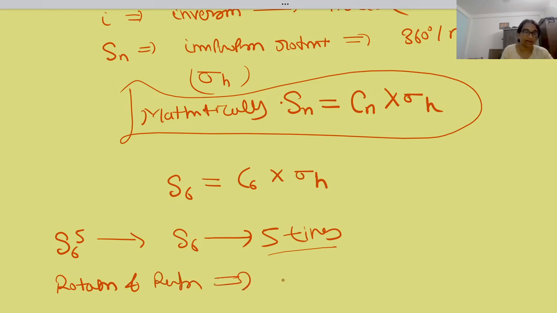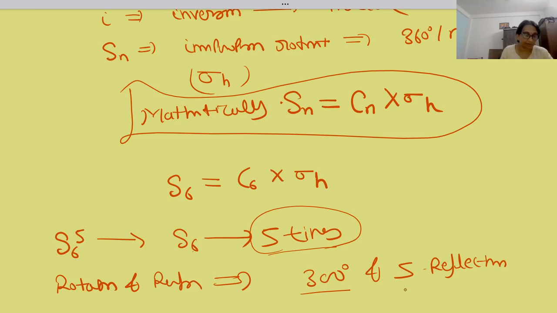The rotation is equivalent to 300 degrees, and there are 5 reflections across the horizontal plane, because S6 is performed 5 times.